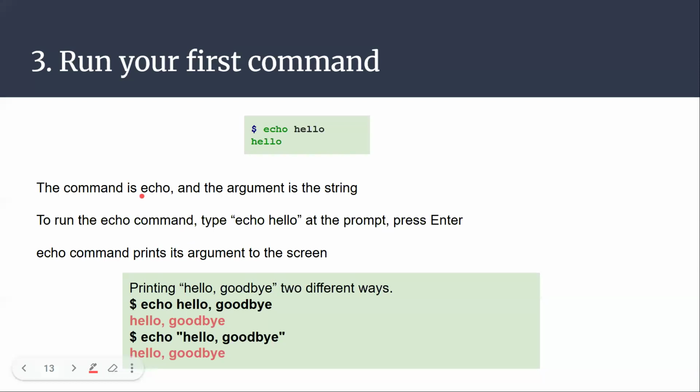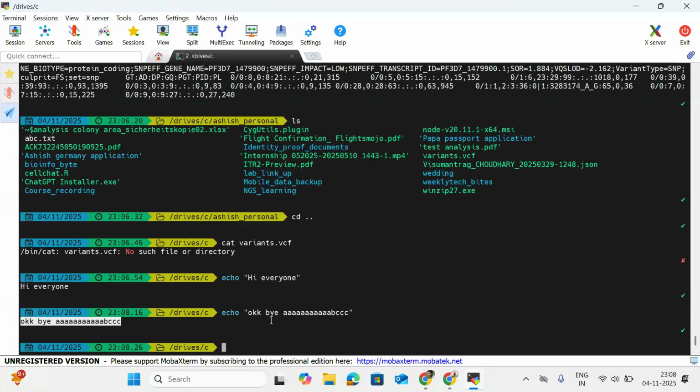The same thing is written here: you are going to use the echo command, and the argument is basically the string part. Whatever you add within the double quotes is considered a string. When I have a number, that is an integer. When you have a decimal value, we call that a float. And whenever you add anything within double quotes, for example if I write 3 within double quotes, it is considered a string.